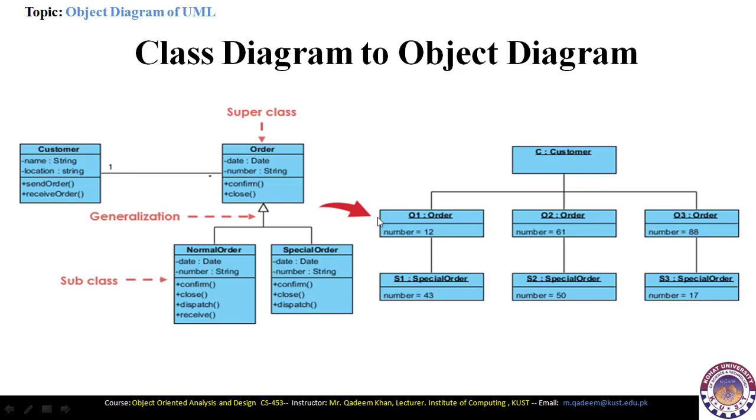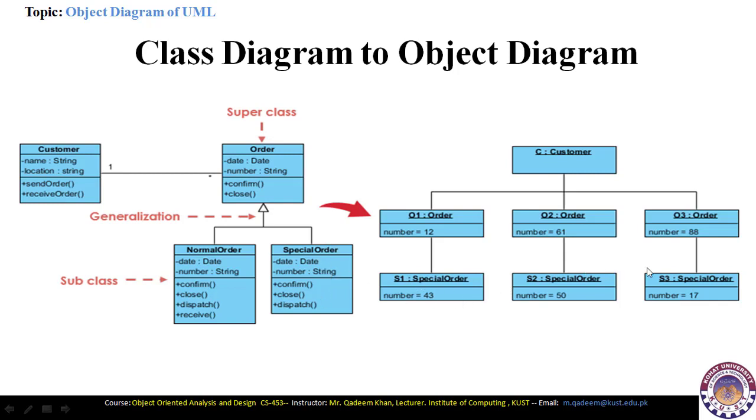Now here you can see that the execution in a particular unit of time has this sequence: first the customer object is created, then the order object is created, and then the special order object is created. So here we have three different orders for the special orders.